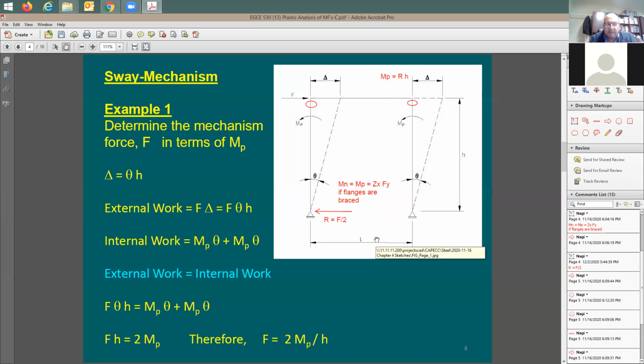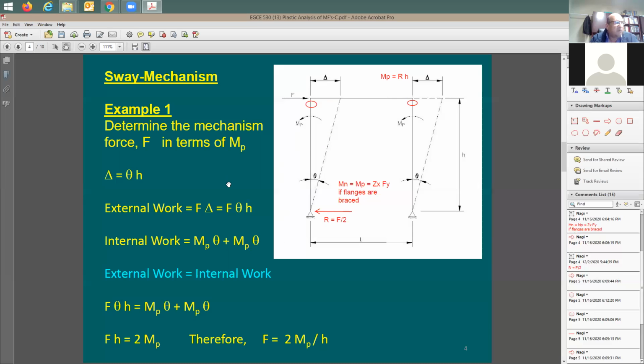Now, once you go here at the yield point, you realize that you push the frame and there is no more resistance. The frame has stopped resisting the lateral force. And the amount of force here is going to be locked to a value, and this value is going to be equal to MP divided by H. Now, what is MP? It's going to be the plastic moment.